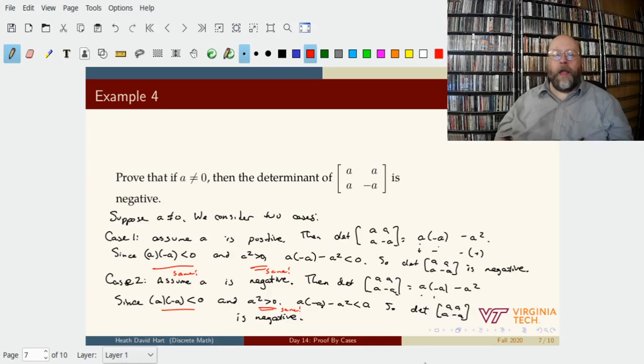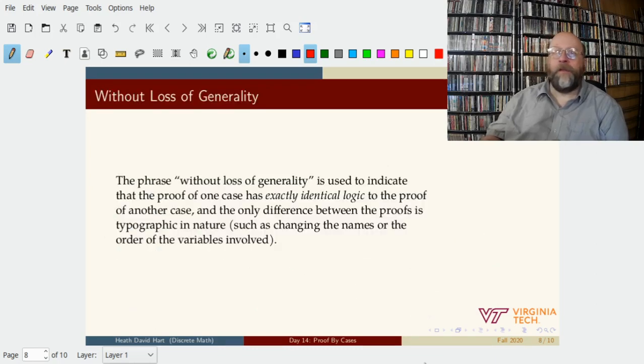And so if the proofs of the two cases turn out to be the same, is there a shortcut that we can use? And there is, and we have to be a little careful about using it, because we're not allowed to use the shortcut to skip over a step in a proof. It's a step to show that the proof actually works out to be exactly identical logic to the proof of another case.